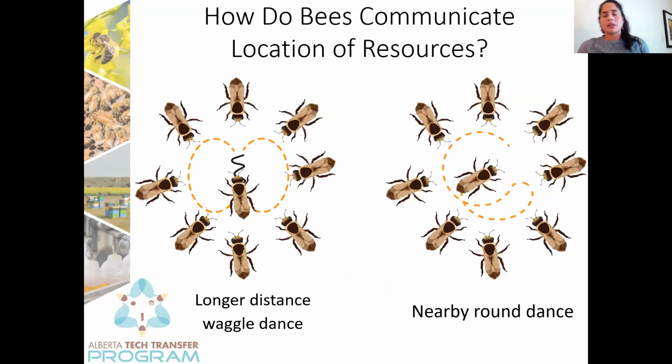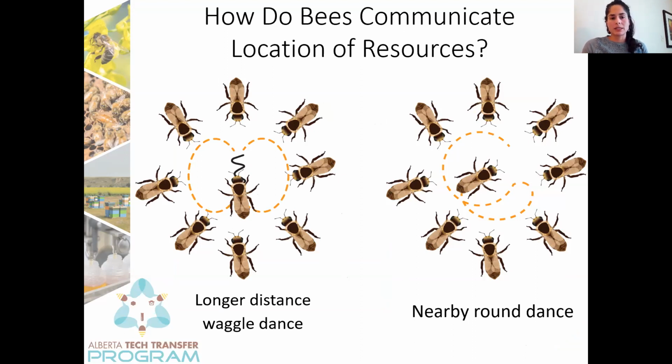So bees go out and forage, and when they come back, they will dance to communicate resources. And there's two main dances that bees do. One, which is very famous, is the waggle dance, and most people know about that one.